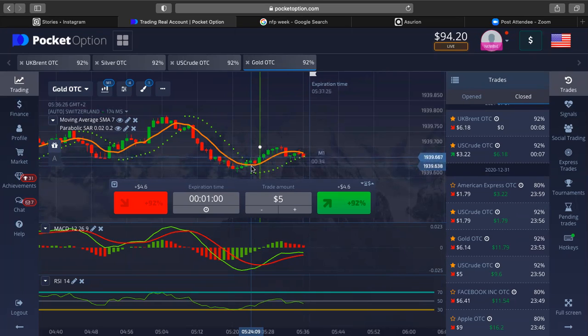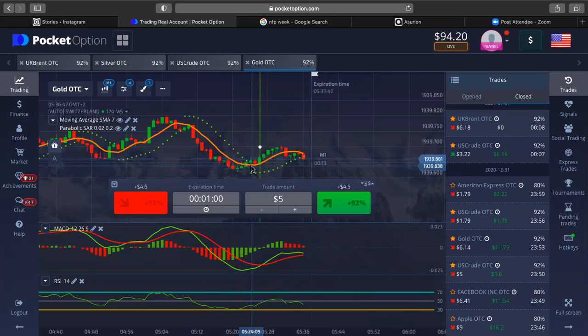But let's just say that we see our Parabolic SAR. Where do we want our Parabolic SAR to be if we're looking for a 4-point trade? SAR has to be below the candle. Yes, that is correct. We're looking for our SAR, our Parabolic SAR, to be below our candle for a buy.